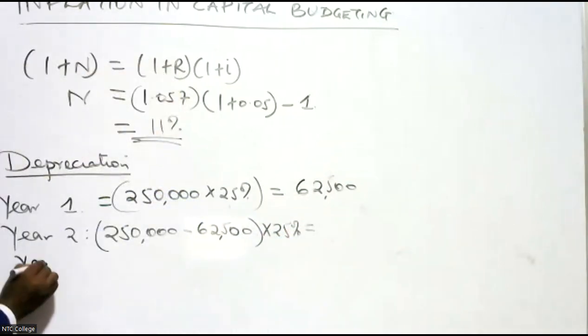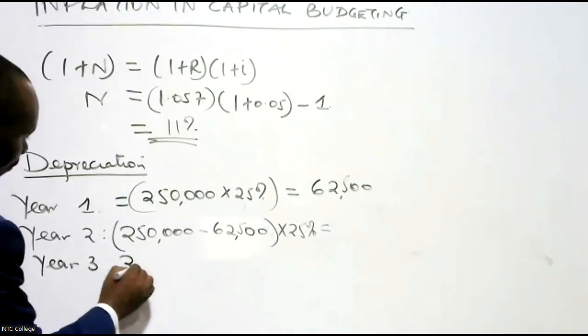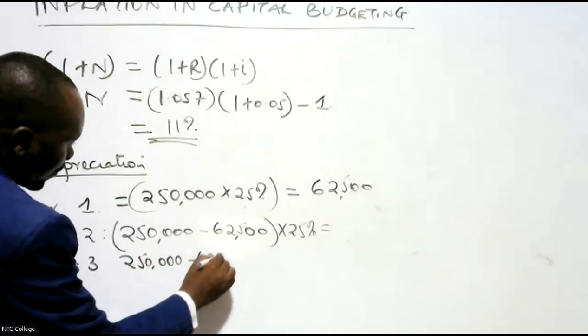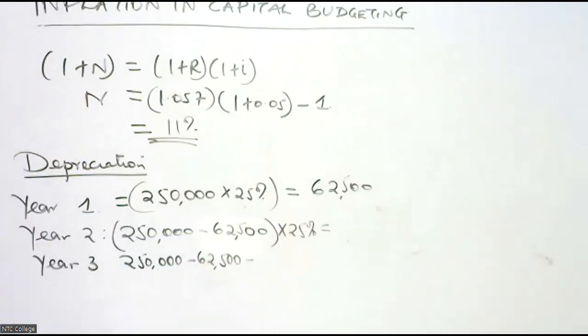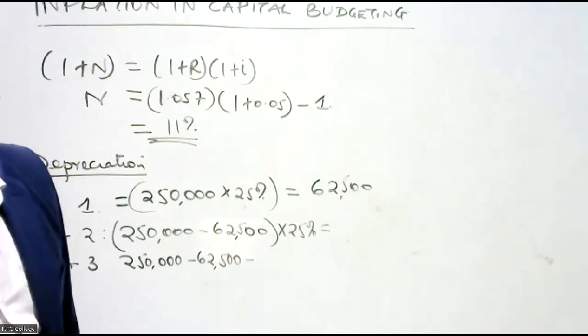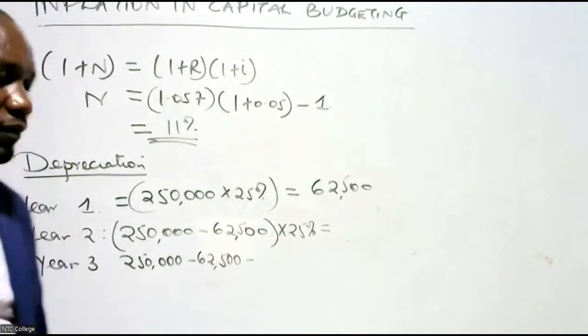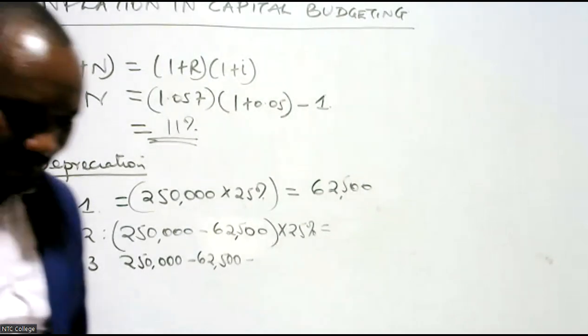Now year 3. Get me the answer for this. We have 250 minus 62,500 minus the answer that you're getting there. Oh, we are supposed to remove the scrap value.